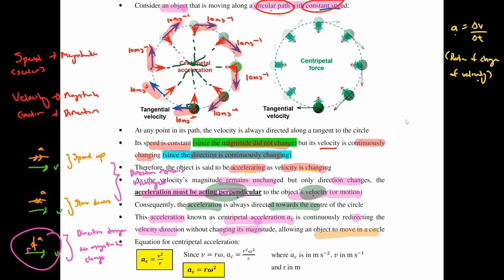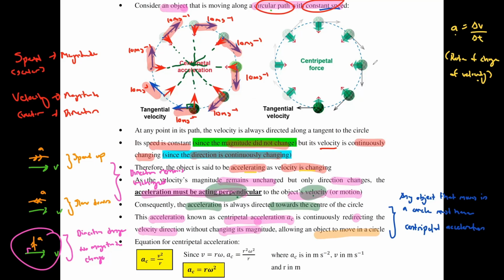So simply put, the key takeaway point here is just this. Any object that moves in a circle must have centripetal acceleration.